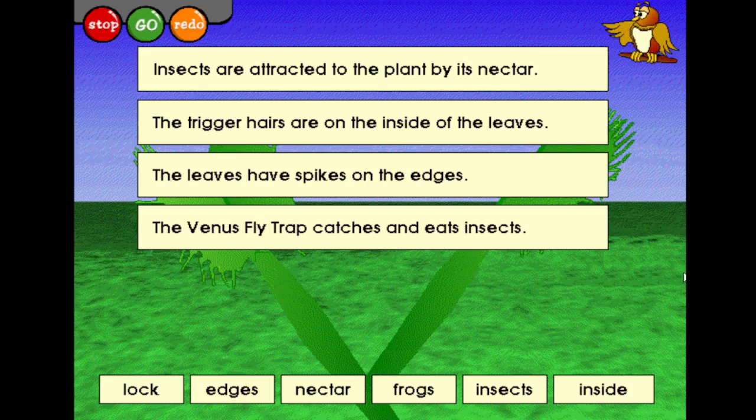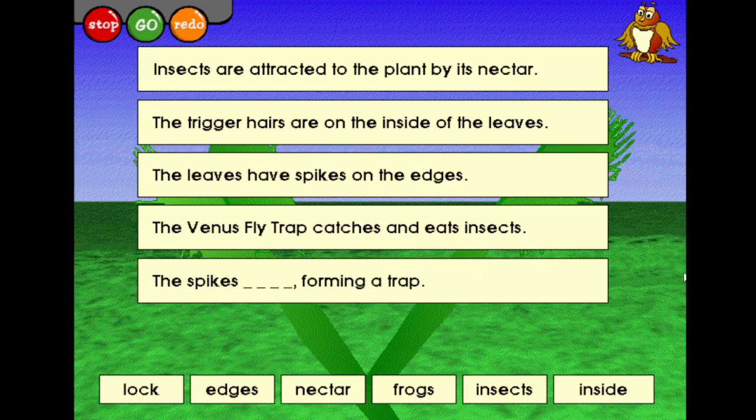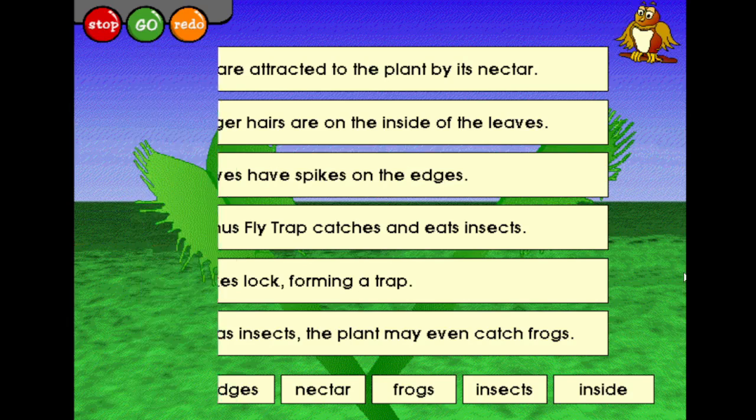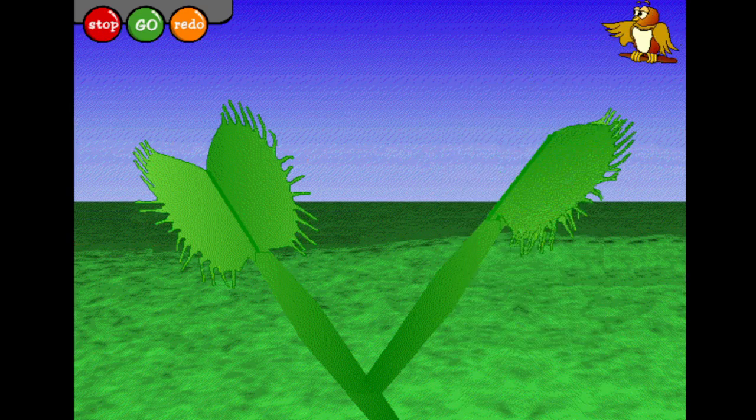The Venus flytrap catches and eats insects. The spikes lock, forming a trap. As well as insects, the plant may even catch frogs. You learn quickly. Click on Go to continue, or if you like, click on Redo to have another turn.